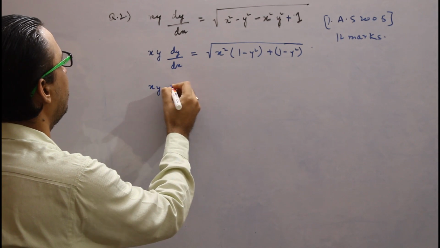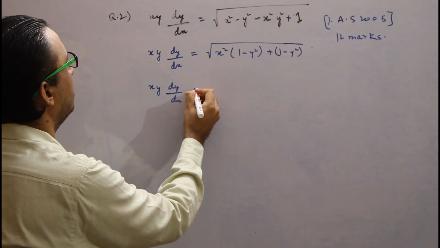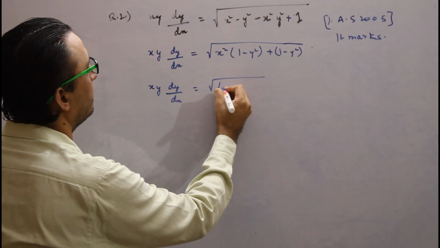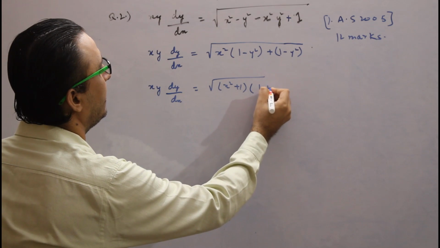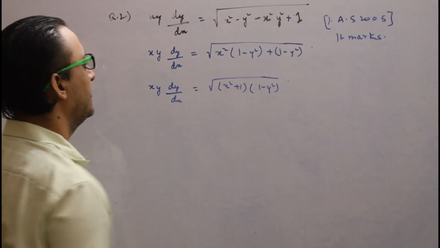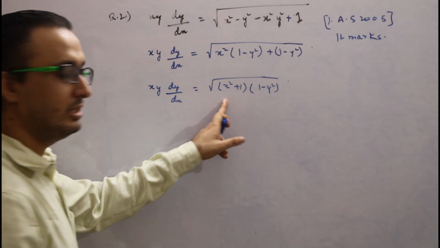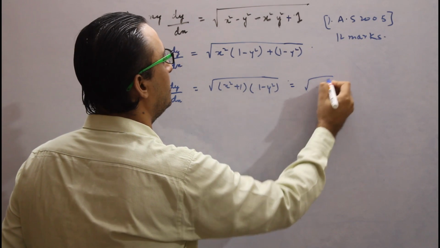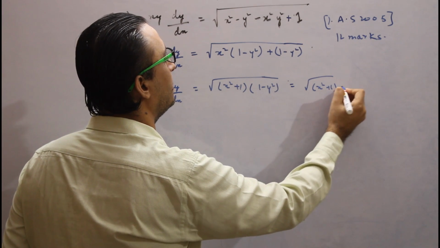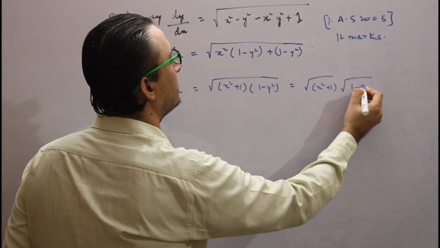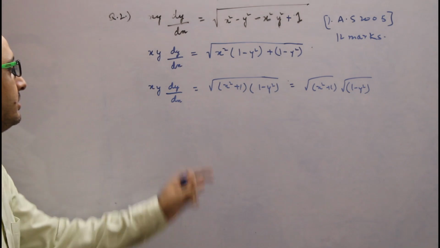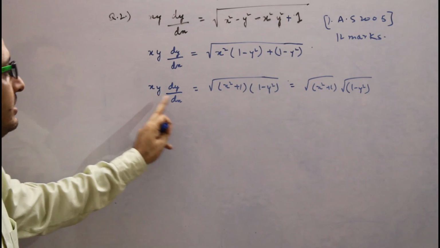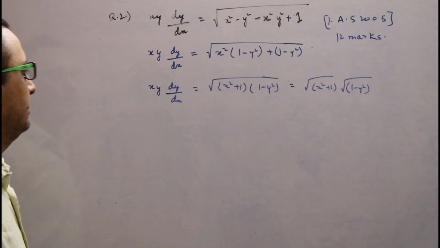So this becomes xy dy by dx is equal to under root of x square plus 1 into 1 minus y square. Now I can readily write this as under root of x square plus 1 into under root of 1 minus y square. So now I can bring the terms on the right and left simultaneously.